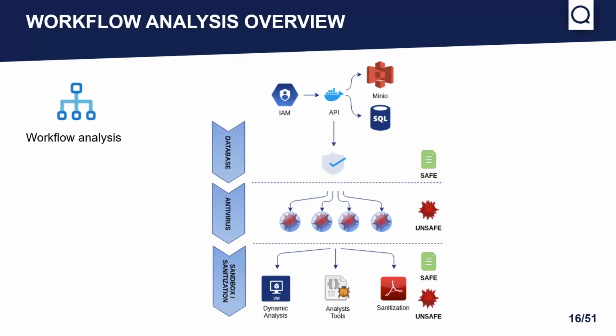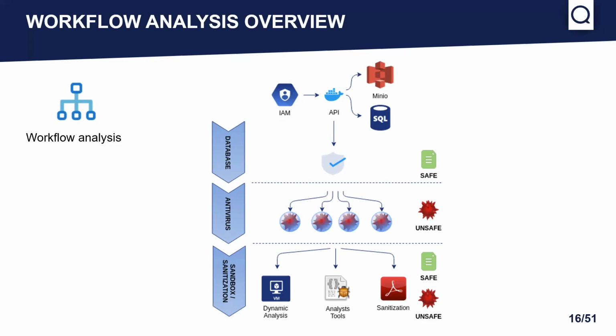The next stage will get you 3 different actionable outputs. The first one, if you continue with dynamic analysis, it means you will spend more resources on this file, but it will still be possible to get an automatic verdict on the file, meaning you will classify it safe or unsafe. Another kind of actionable output is to send the file to analyst tools.